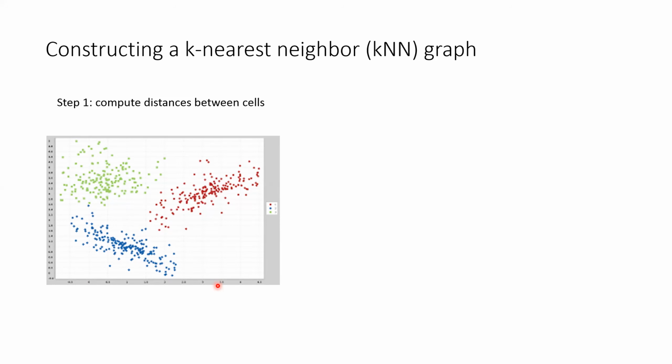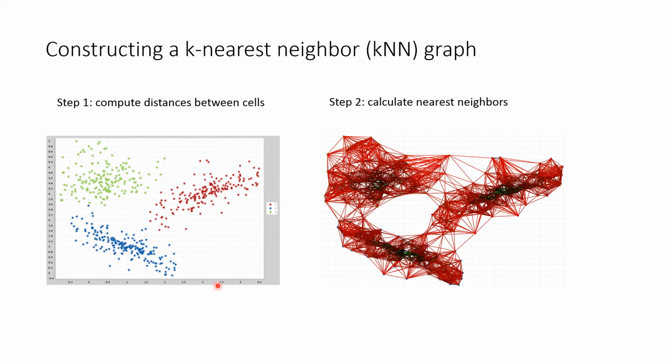So in this case, let's say 20. To construct the k-nearest neighbor graph, we simply find the 20 closest neighbors of each cell based on our distance matrix in the high dimensional space, or whatever reduced dimensional space we're using. And the graph generates a neighborhood topology where we have structural information about which cells are neighbors with each other in gene expression space.